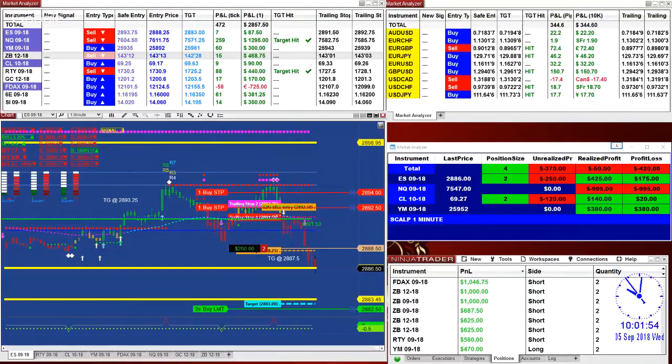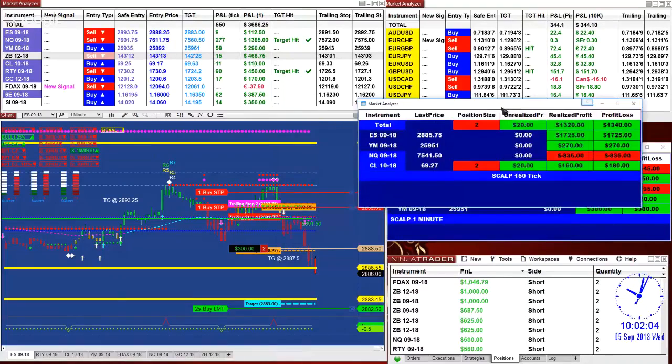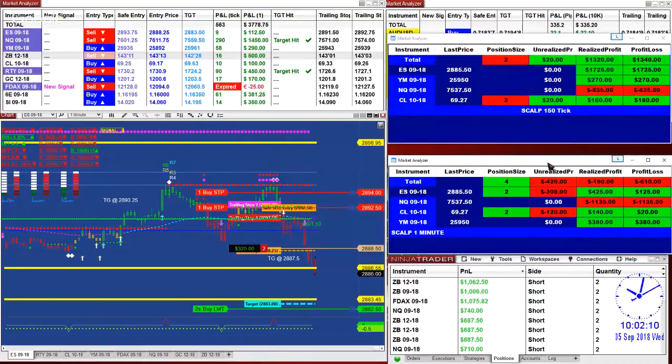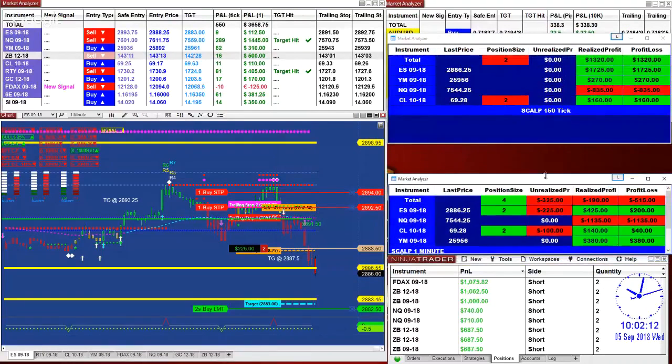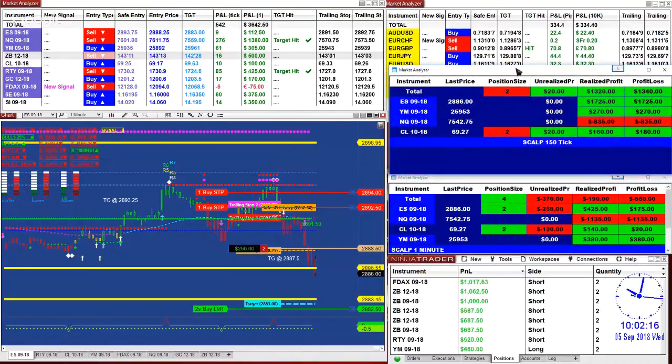Let me try to bring you the 150 ticks. The 150 ticks is still doing a little bit better than the 1 minute, but this is what you get for today on the scalper. Nothing we can do about it.